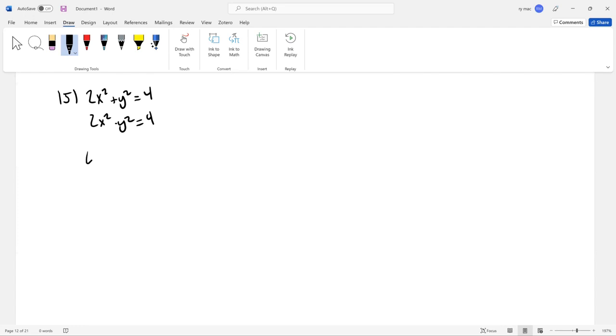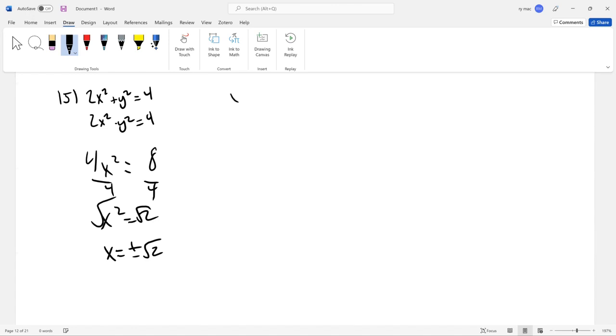So I get 4x squared is equal to 8. Dividing by 4, I get x squared is equal to 2. Taking the square root of both sides, I get x is equal to plus or minus the square root of 2. Make sure you don't forget that plus or minus, because that's going to give you more solutions later on.